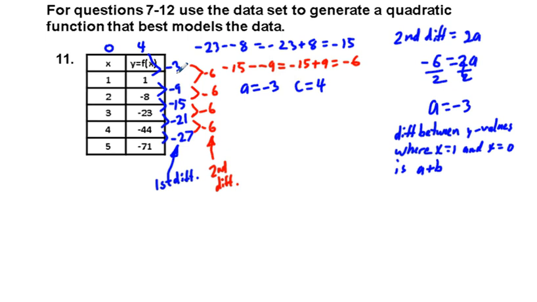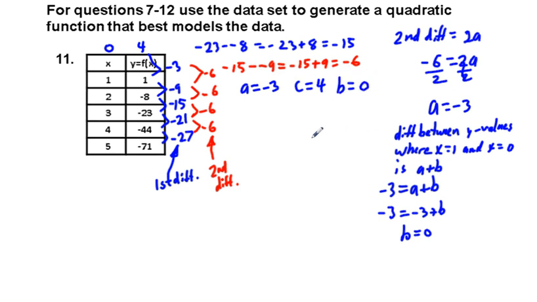And so the first difference would be -3, right? So we would say -3 is equal to a plus b. And we've already figured out that a is -3. So -3 is equal to -3 plus b. Adding 3 to both sides, we would have b is equal to 0. So I'm going to put b is equal to 0.